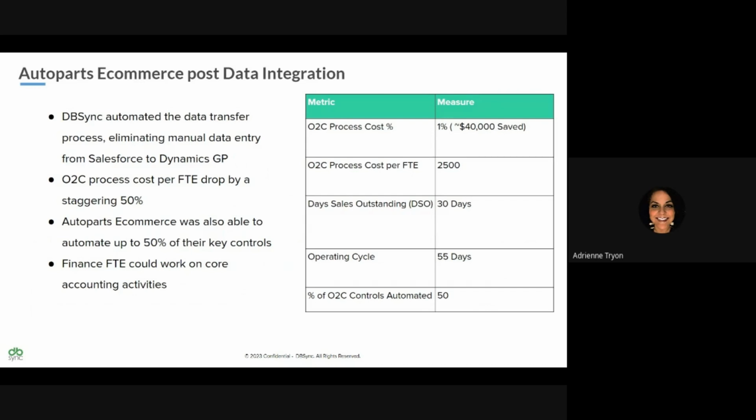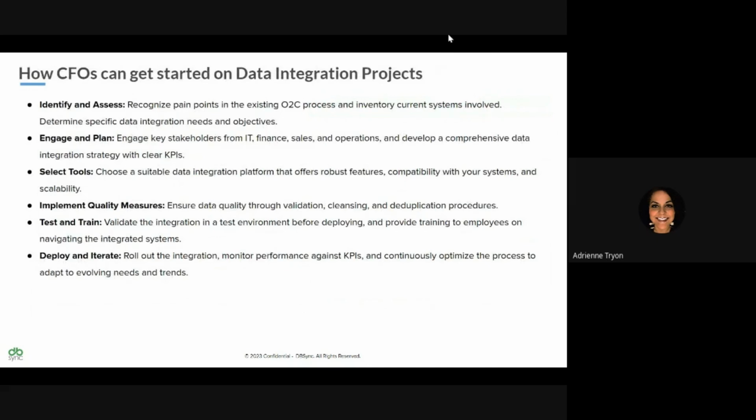Now, Miriam Hake, a research director for IDC, tells us that order to cash automation is essential for businesses that want to stay competitive in today's digital economy. I see here you've got a couple of key points for us. Maybe let us know a little more about the takeaways for what CFOs can do.